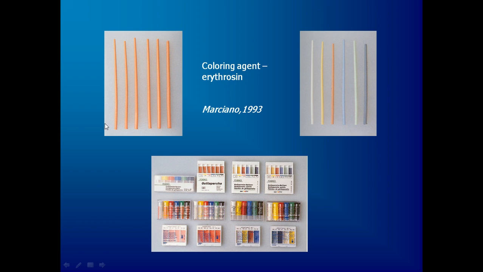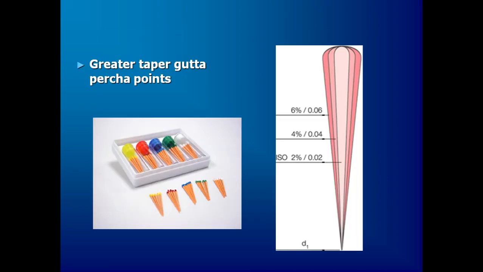Earlier these were supplied in the same color, so we had to know the size of these GP points or cones by seeing the number on the box. They have now made it easier by color coding it. So we can easily recognize this as 15 size, 20 size, 25 size, etc. White, yellow, red, blue, green, black. The same ISO standardization color has been used for these GP cones.